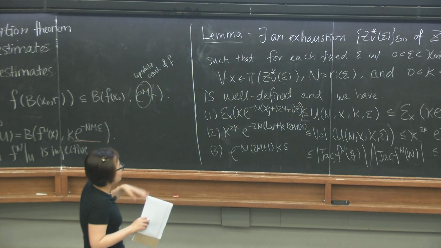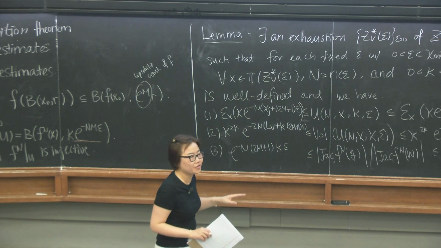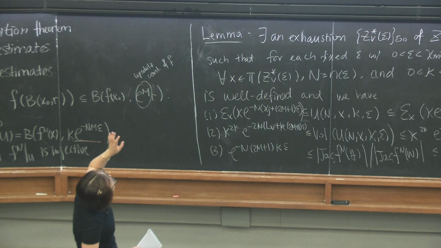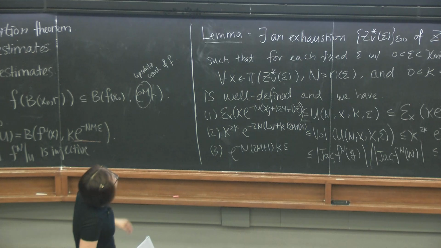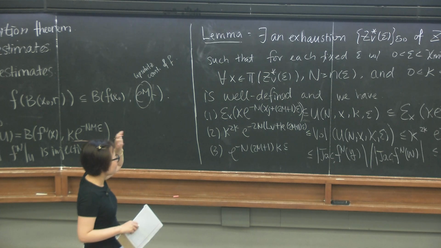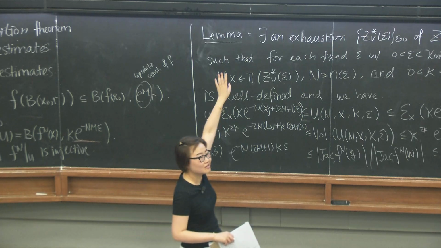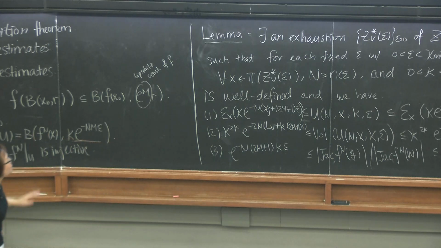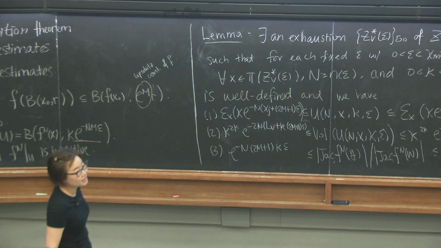For this audience, people know more: if you have some Lyapunov exponents which are negative, there are some resonance problems so that you couldn't get the estimates. That's also why we require all the Lyapunov exponents to be positive.